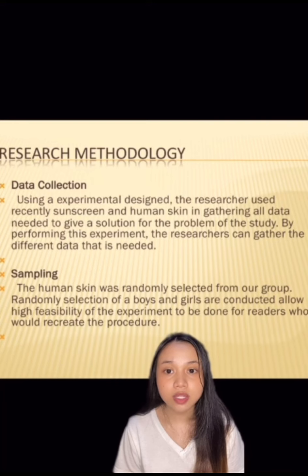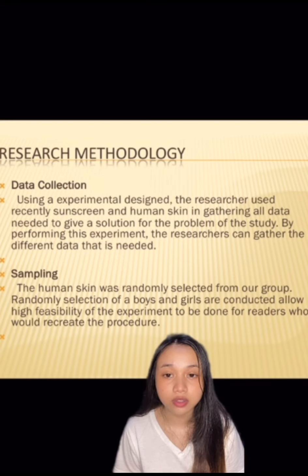The sampling that was used was random human skin from our group. Random selection of boys and girls was conducted with high visibility, which means it can be done through the experiment by those who would recreate the procedure in the near future, or our future researchers.